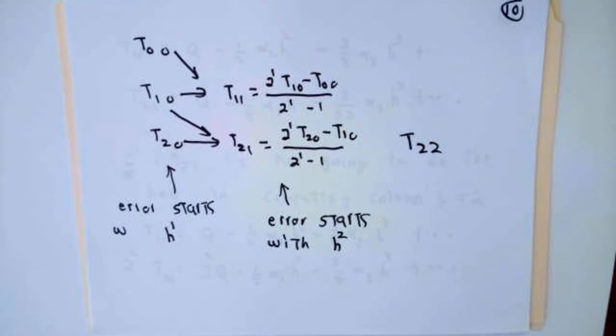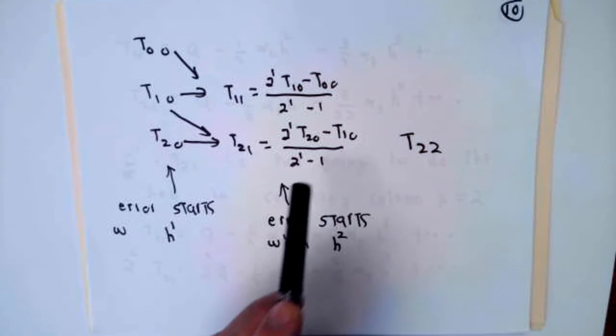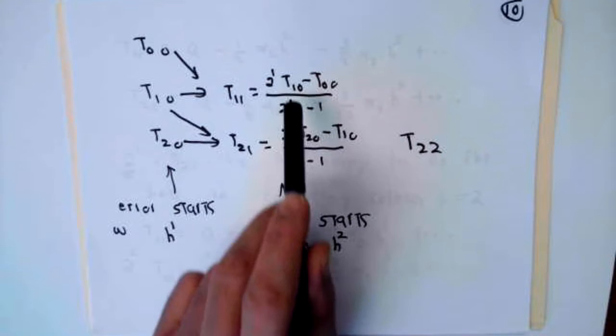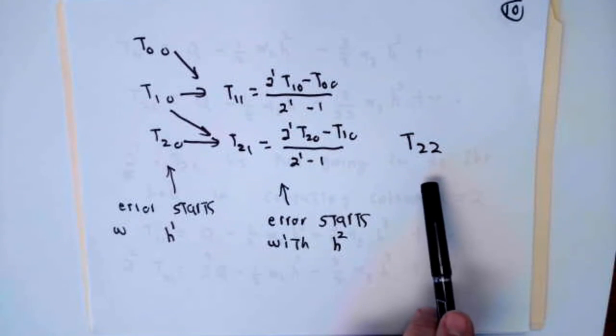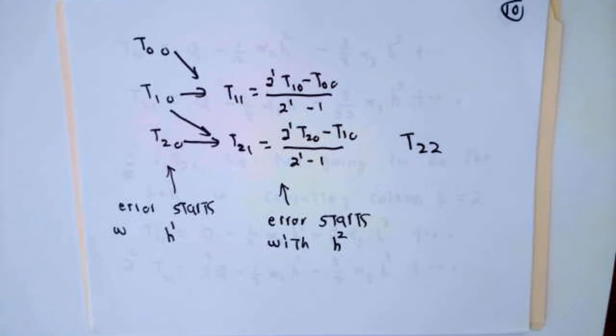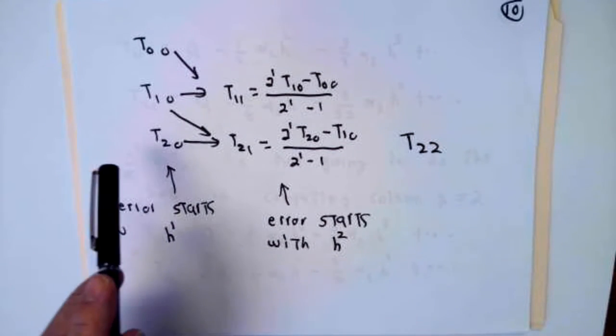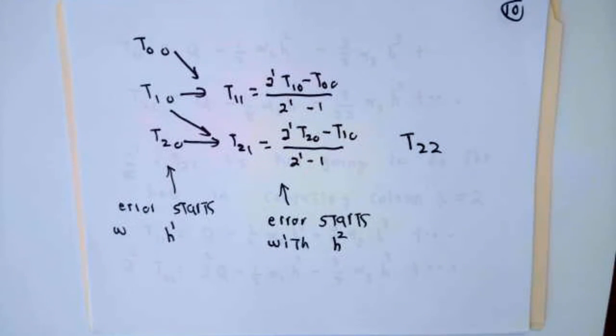It doesn't take great imagination to guess what we're going to do next. We're going to combine these two pieces in some clever way to get rid of the h squared piece. Whatever we get after we do that, we'll call it T22, and that'll be accurate to order h cubed. If I had more rows, I would have more columns, and I could continue this calculation.